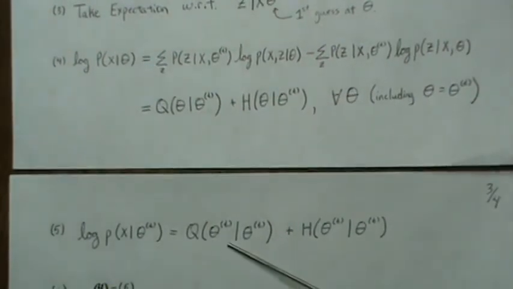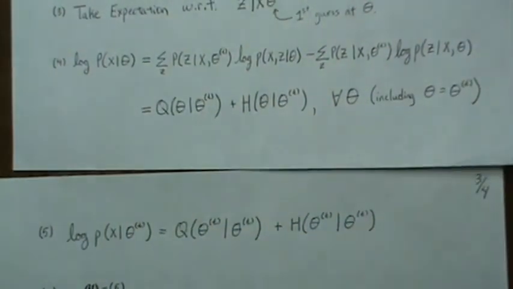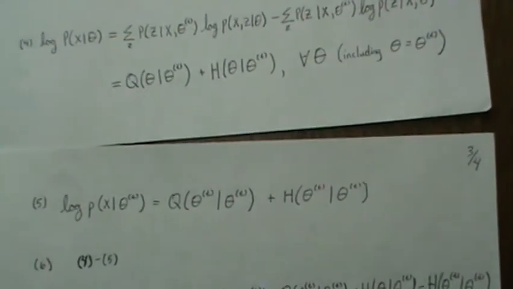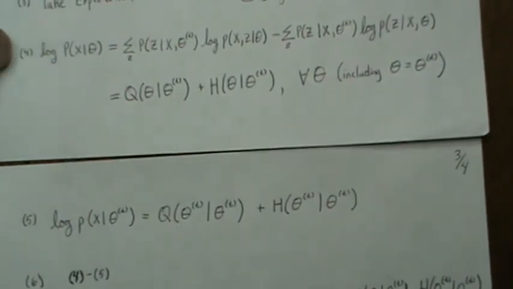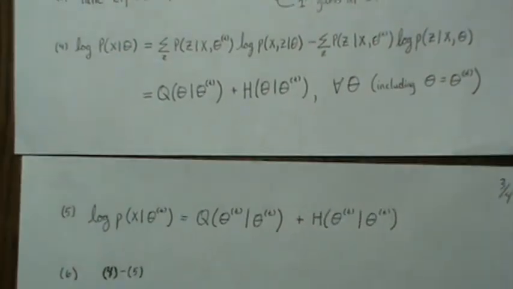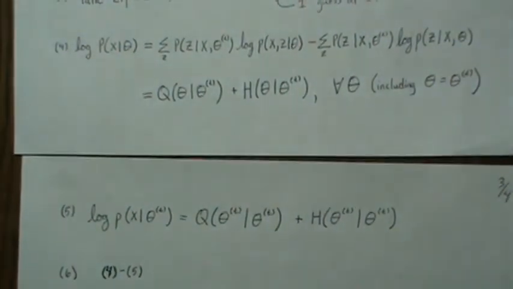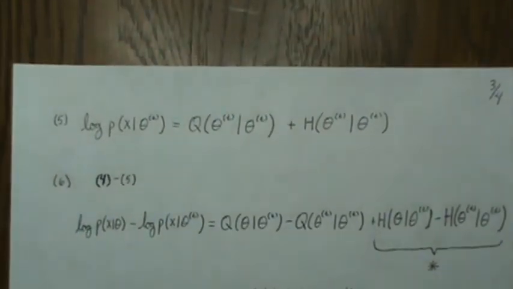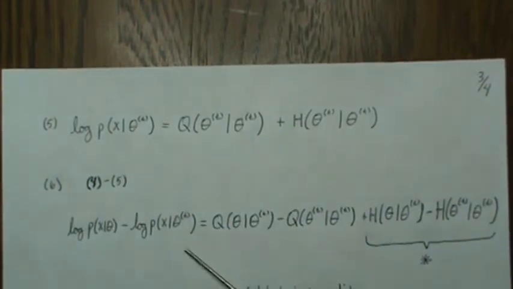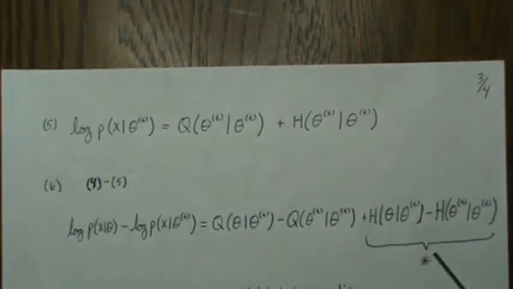So these two functions are true. Then if we take the difference between 4 and 5, that's what this means right here, we get this value, the difference of those. Okay.